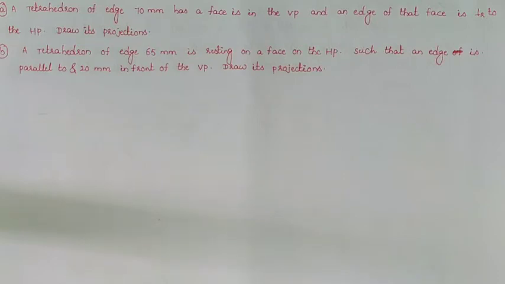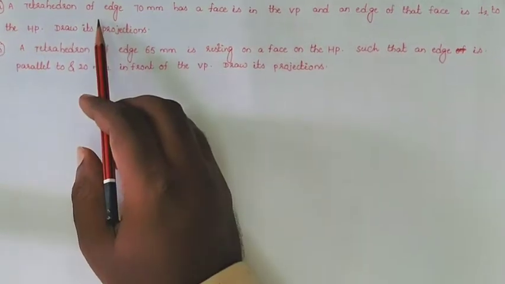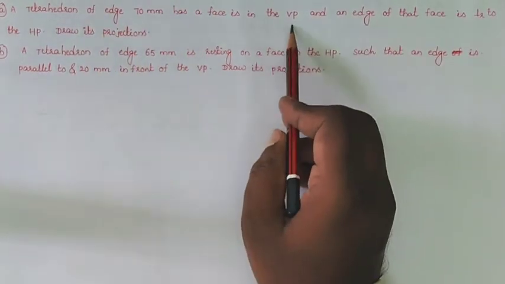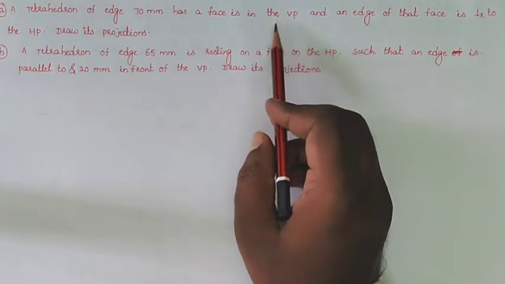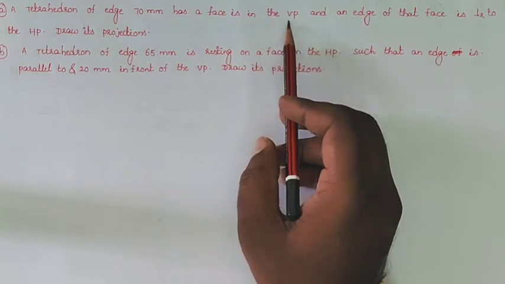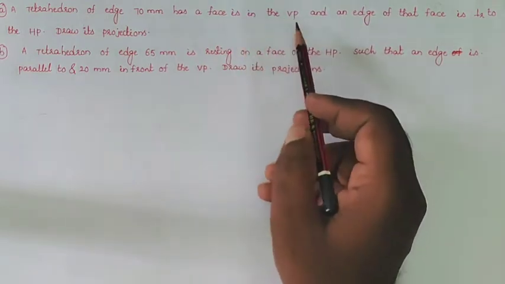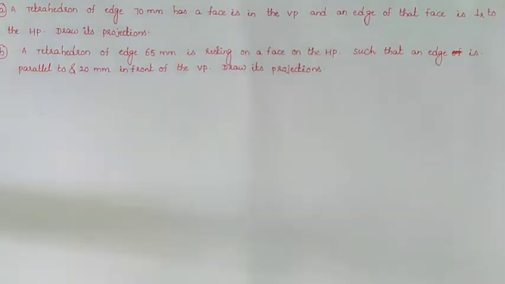When a tetrahedron is given, we will draw the front view or top view of that base as a triangle. So how will we draw the triangle here? The first problem is when the face is in the VP. How can we assume when the face is in the VP? We can assume the axis is perpendicular to the VP and draw the front view of our diagram.